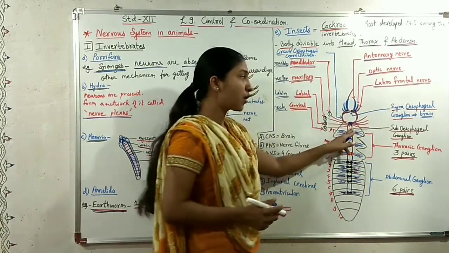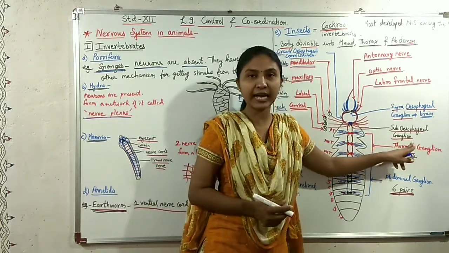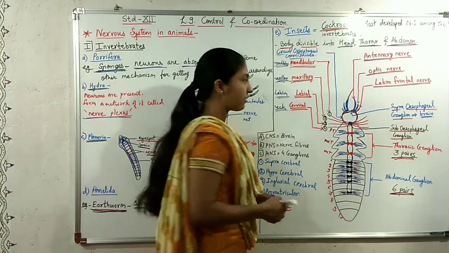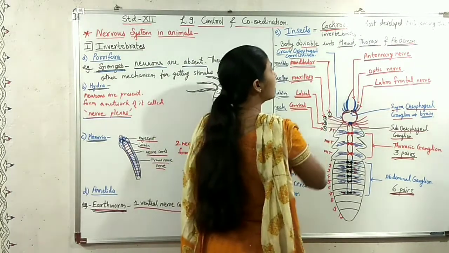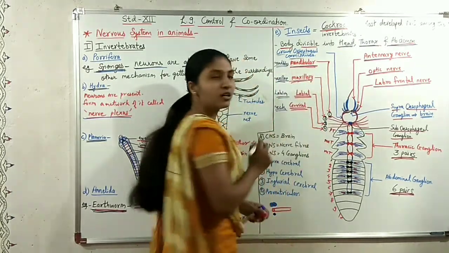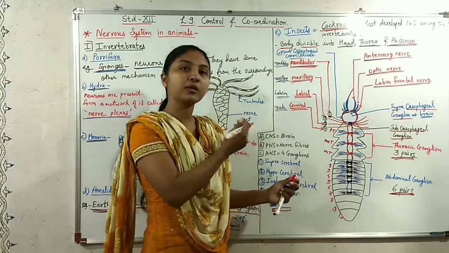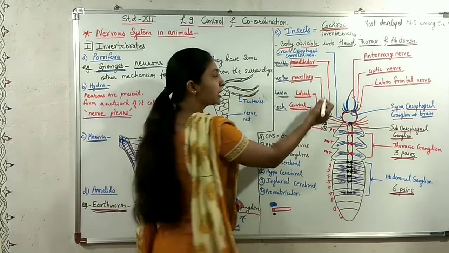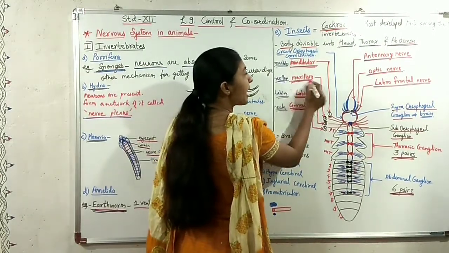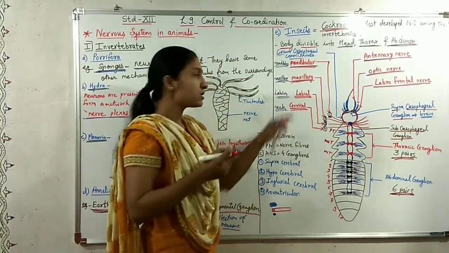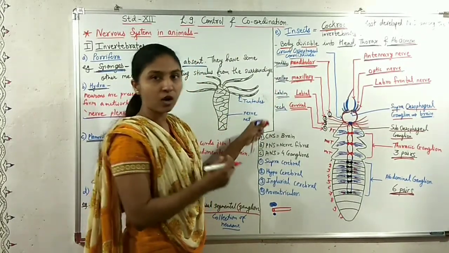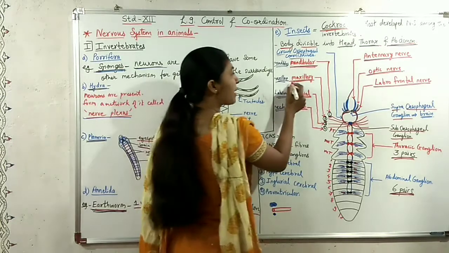Now, from the subesophageal ganglion, there are 4 pairs of nerve fibers that arise. The first pair is the mandibular nerve. It goes to the mandibles and controls the movement of the mandibles in the cockroach. The second pair is the maxillary nerve. This pair of nerves goes to the maxillae of the cockroach and controls the movement of the maxillae.